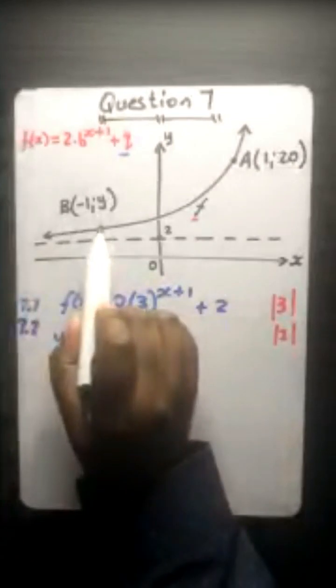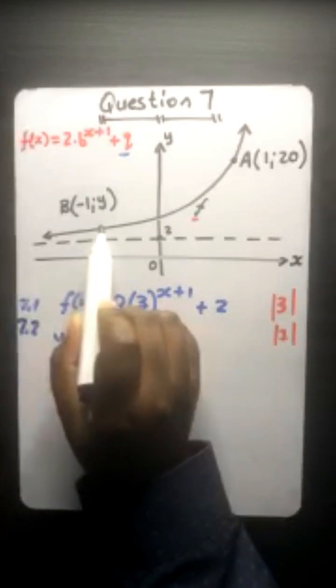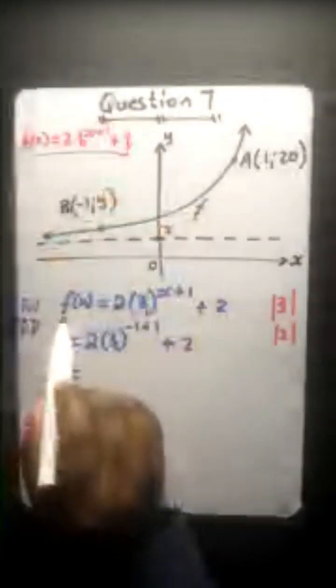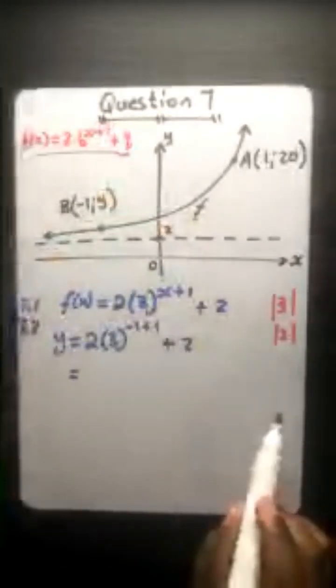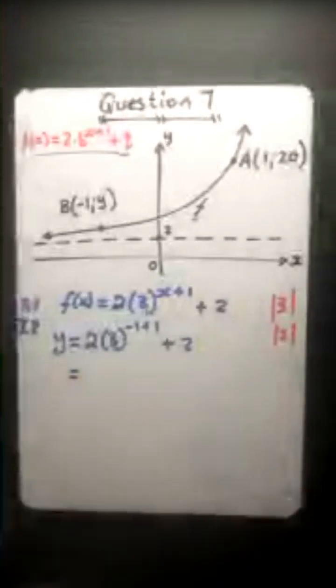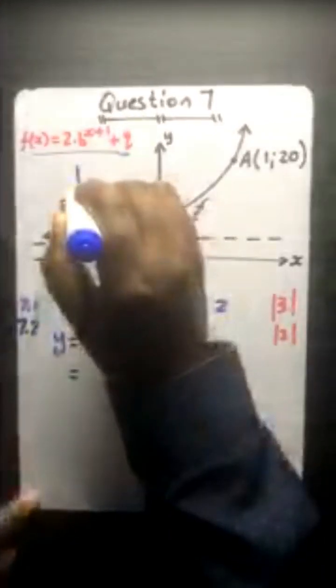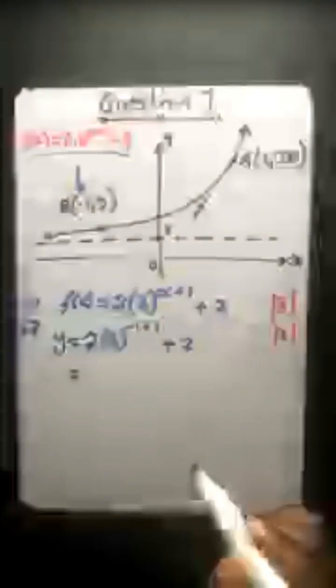Remember, you ask yourself this question: this point B is on which graph? You can see point B is on the graph of f, meaning whatever you calculate for point B is based on that.